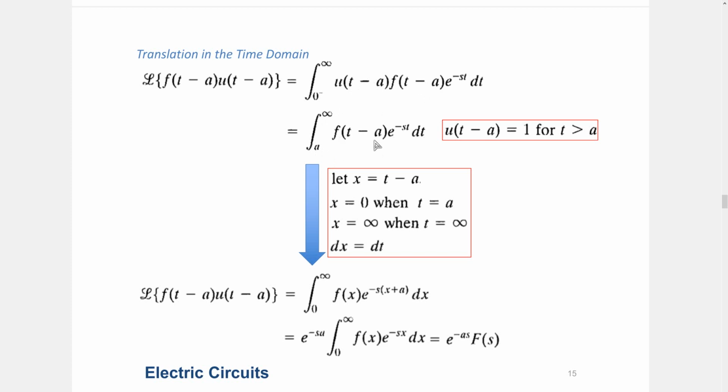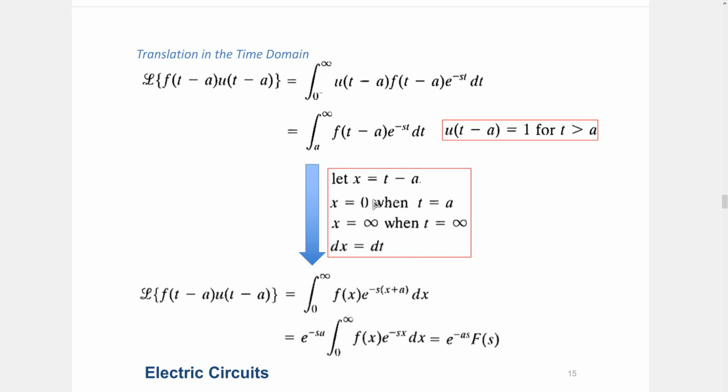Now, for this, we can make an algebraic trick. We can substitute a different variable. Let x equal t minus a. Then if x equals 0, t should be equal to a. When t goes to infinity, x goes to infinity.